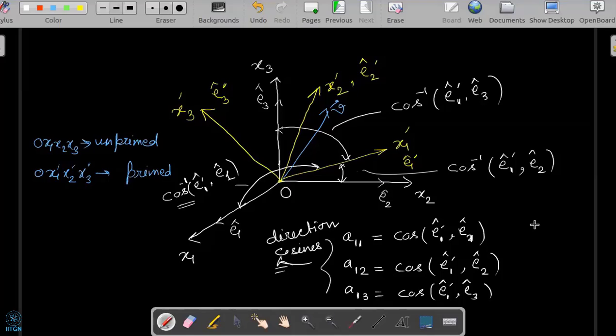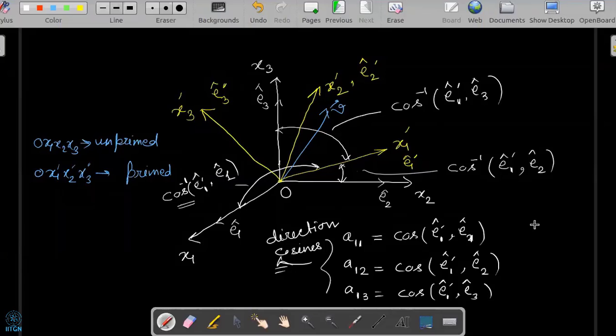If I rotate to x1 dash, x2 dash, x3 dash, then we have T11 dash, T12 dash, T13 dash and so on. We will establish the relation between the primed and unprimed ones, and this relation must be satisfied in order to qualify any physical quantity as a tensor. Otherwise, we cannot call the physical quantity a tensor.